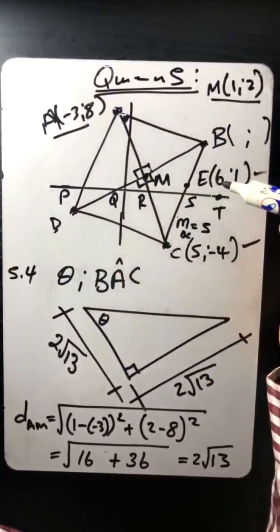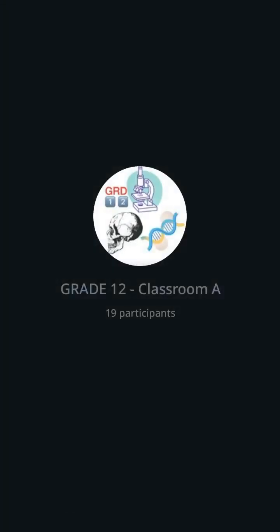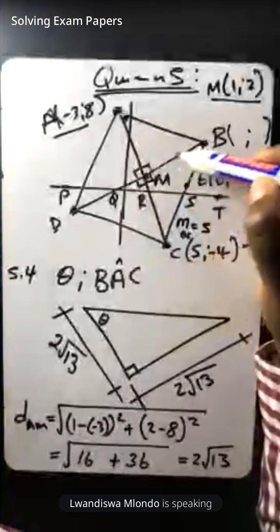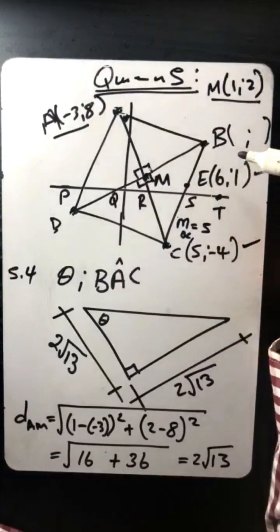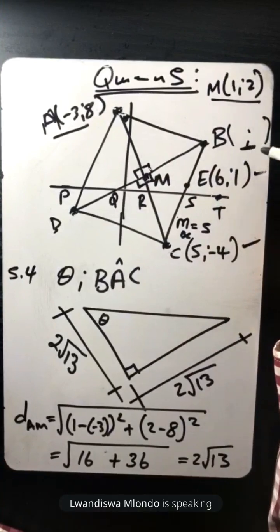Yes, sir. So, sir, AM is not equal to MB, so we cannot use 2 root 13 for BM. You have to calculate the coordinates of B and then calculate the distance from B to M, because it's not the same, AM and BM, because the diagonals are perpendicular and bisect each other.